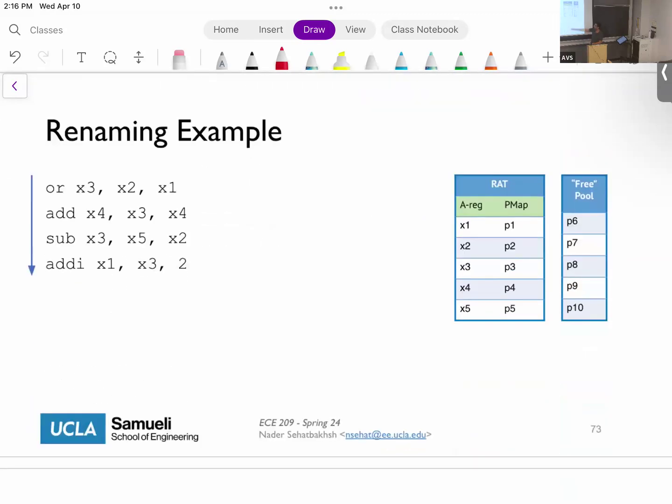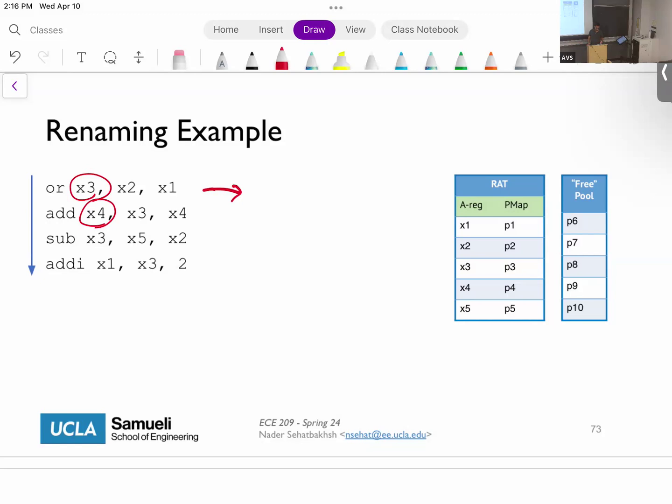Then let's say we have this sequence of instructions and we need to rename them based on this RAT. So here's the algorithm we are using. When we are doing renaming, we only assign a new register when we have a destination register. The reason is that, remember, we want to get rid of write after write and write after read dependencies.